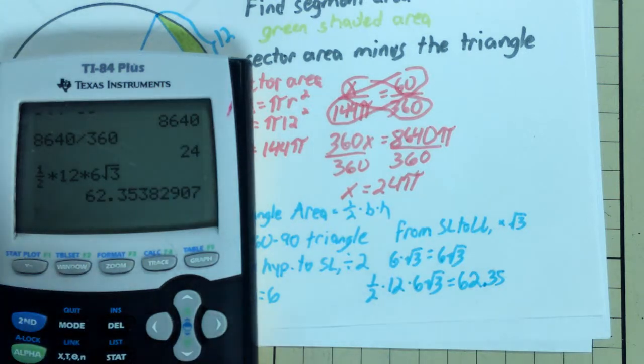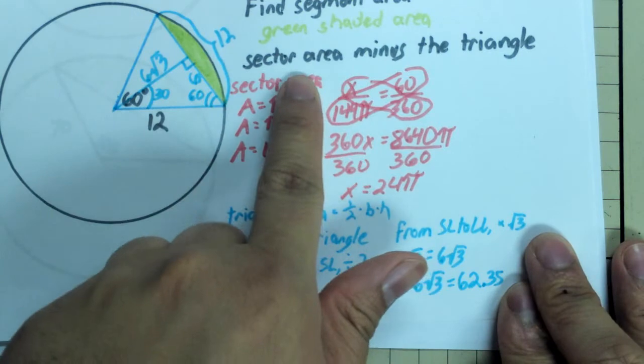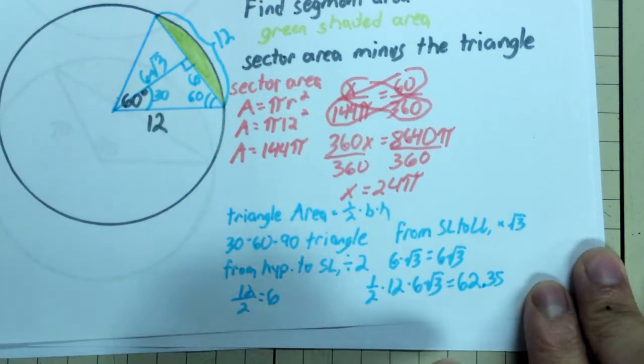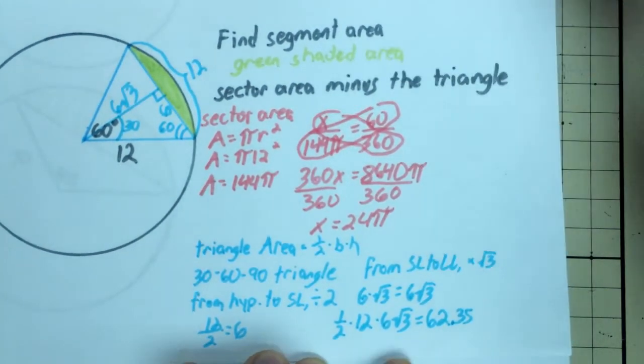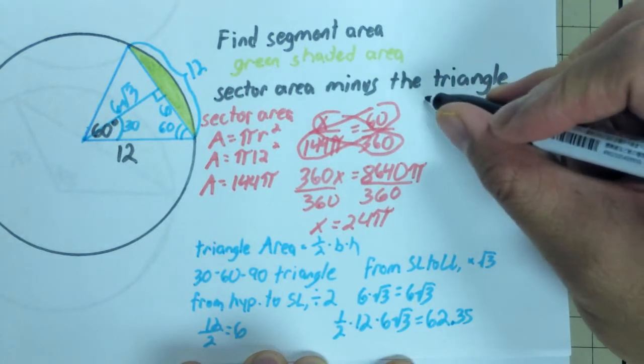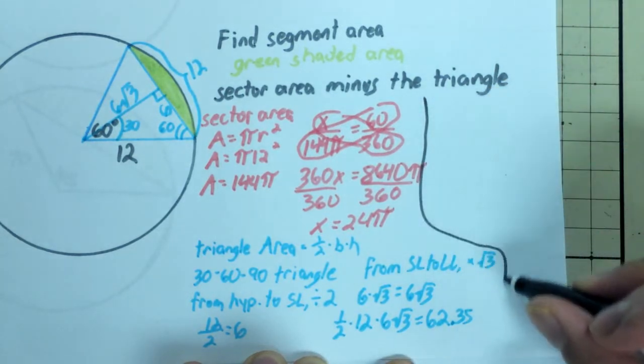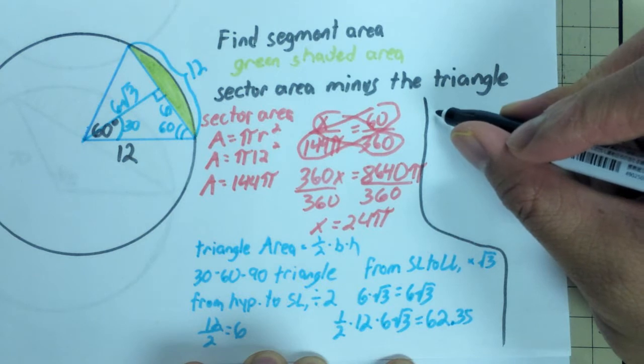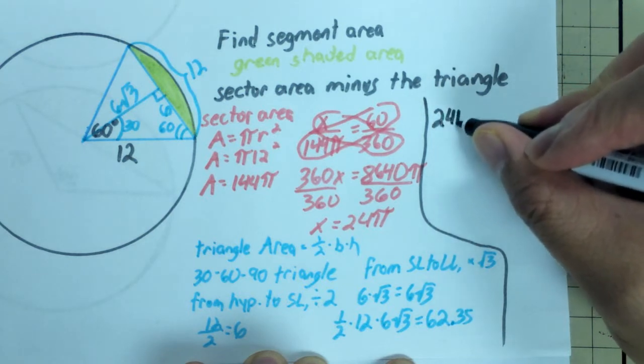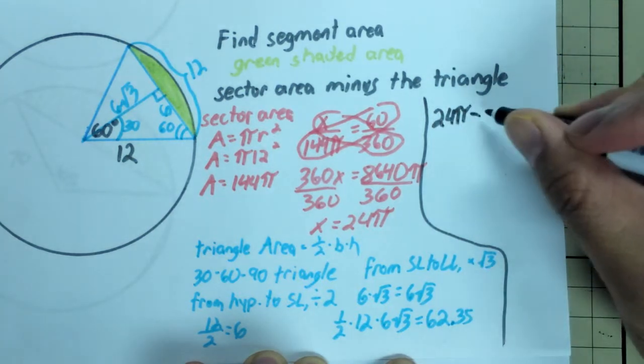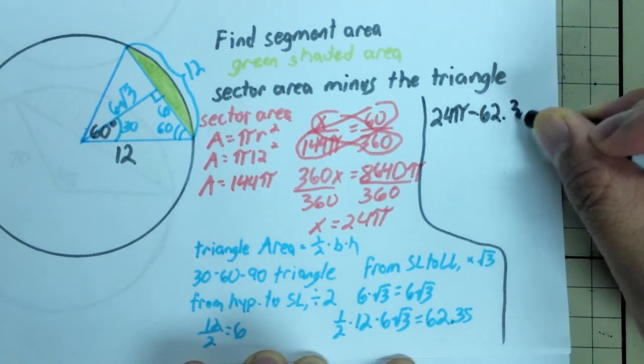So finally, to find my final area, over here I wrote sector area minus triangle area. So we have 24 pi minus 62.35.